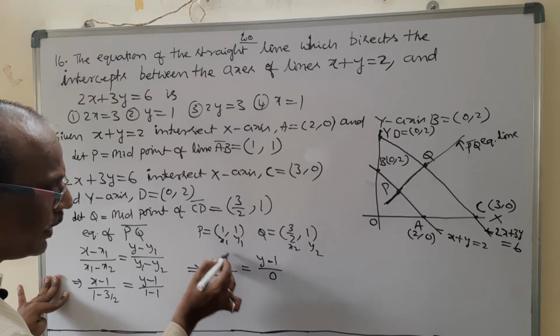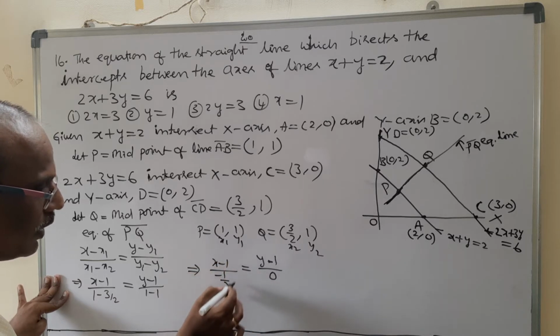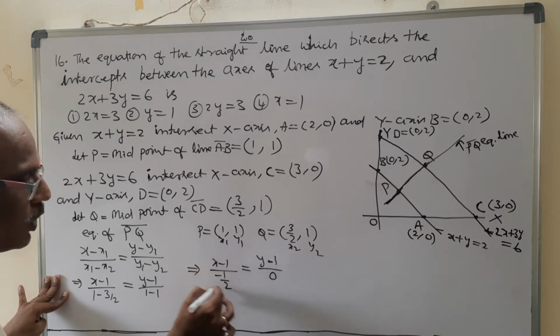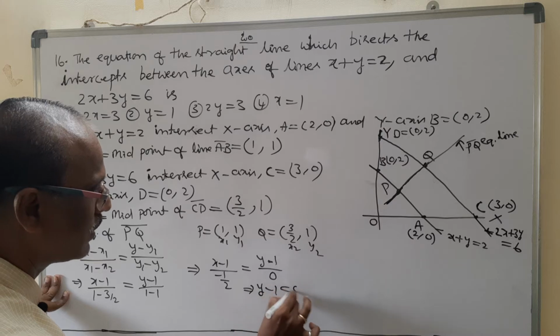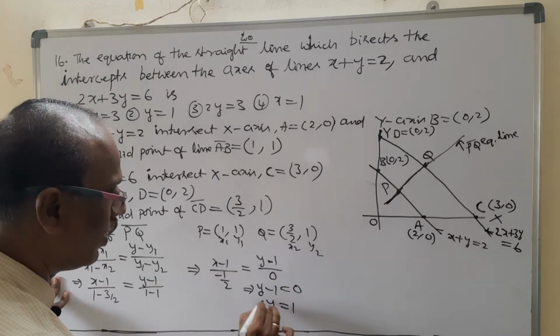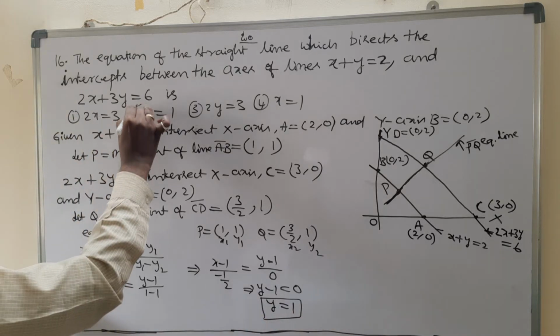Here 0 into any number is 0. x minus 1 by minus 1 by 2 is one number, and 0 into it is 0. Then the final answer: y minus 1 equal to 0, that is y is equal to 1. This is the answer. Second option is right.